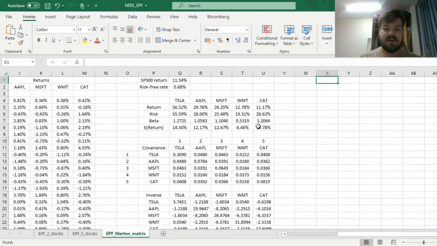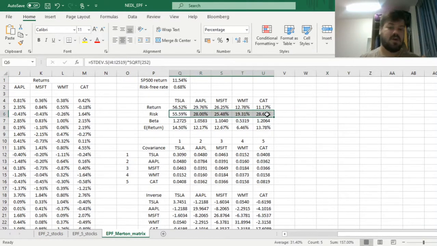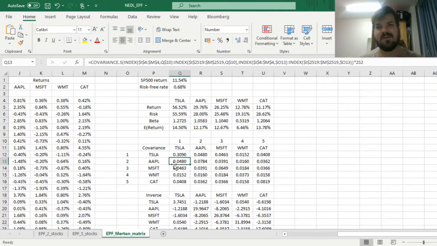And we can compare it to the risk of individual stocks and see that indeed the diversification benefits of allocating your capital towards a number of stocks instead of one single stock allows you potentially to achieve a level of risk that's even lower than the lowest risk of individual stocks, which is again why diversification is a good thing.